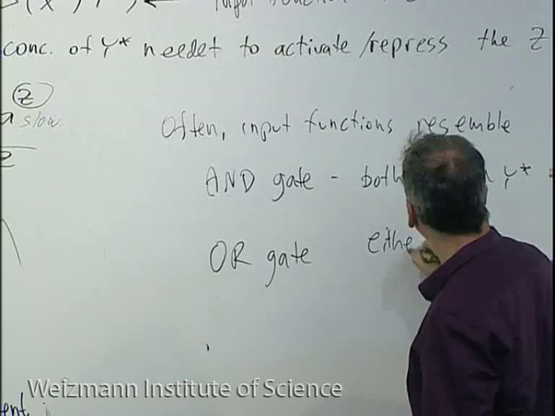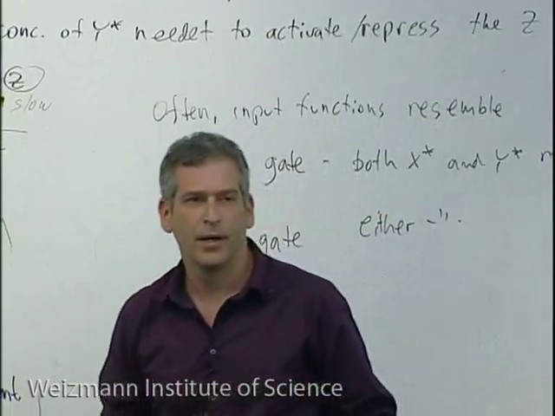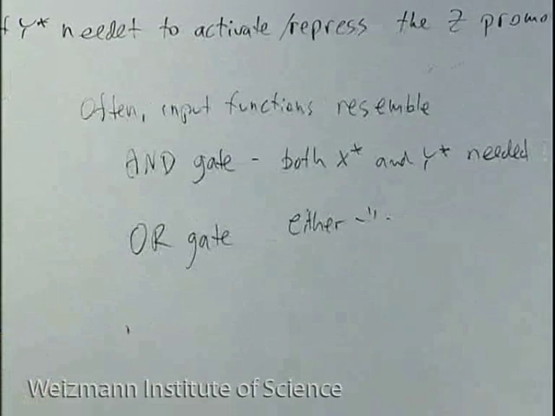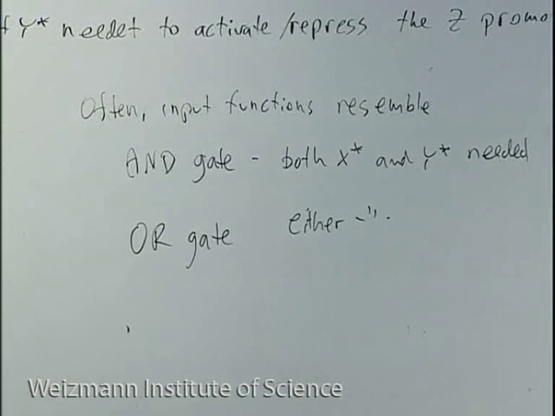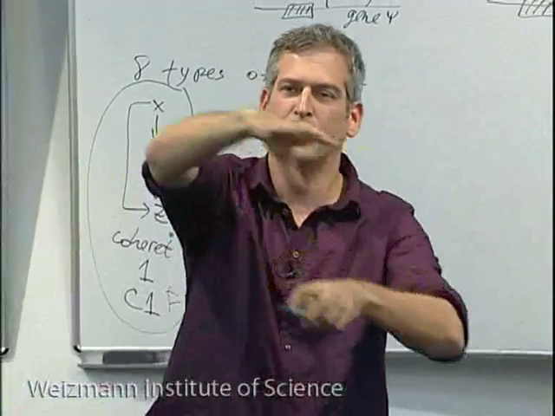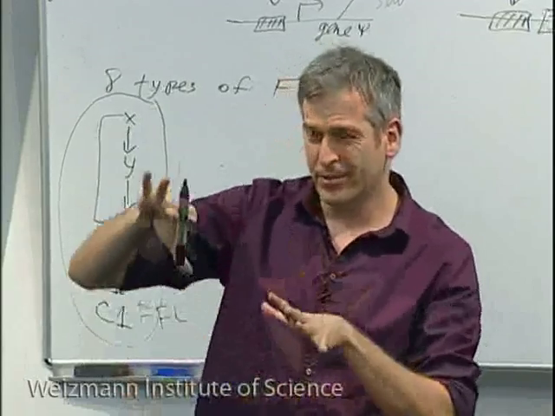Either one of them is enough. And in fact, they're continuous functions. If I plot them as a function of X star and Y star, an AND gate has a mountain here when X star and Y star are high. An OR gate has this ridge when either one of them is high. And you can see kind of variations on this theme.